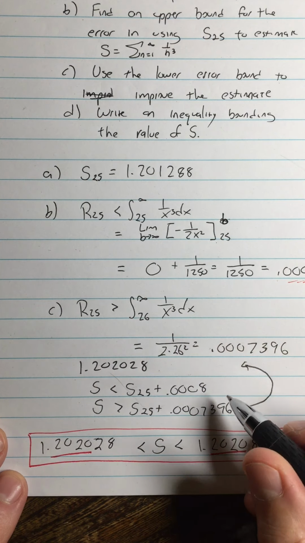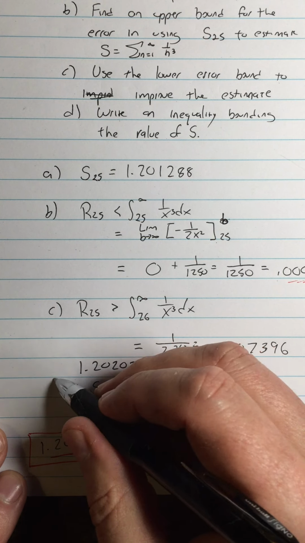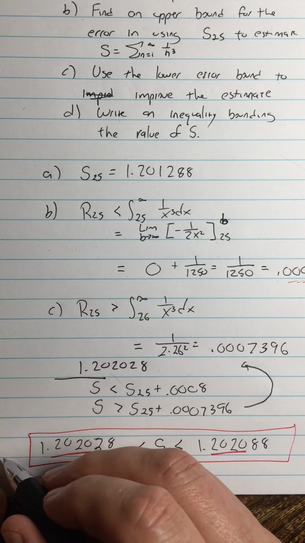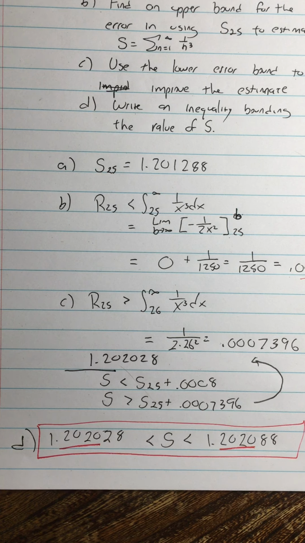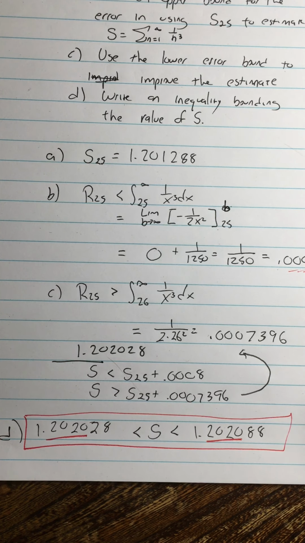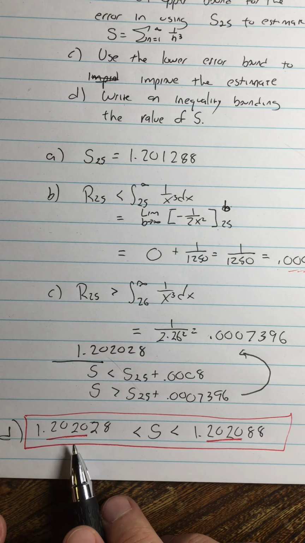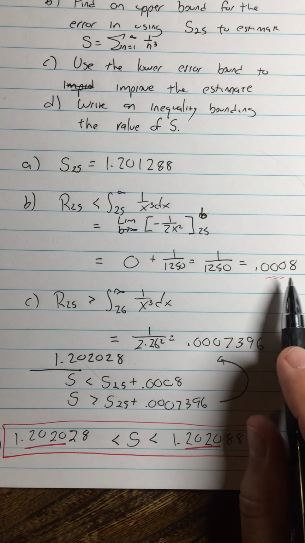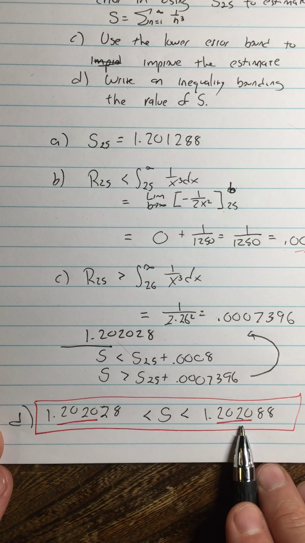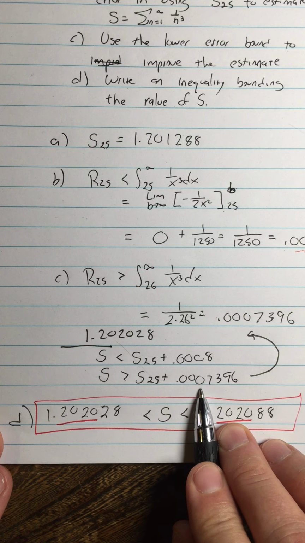That is our improved estimate for C. And then down here, I have part D. You'll do things like that for homework. We managed to significantly improve our estimate, which originally was only 3 decimals. Now it's 4 decimals, just by adding on the minimum error.